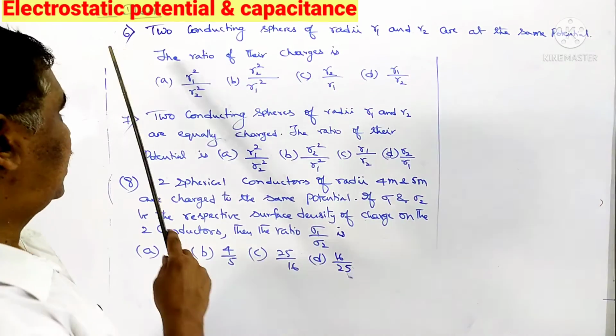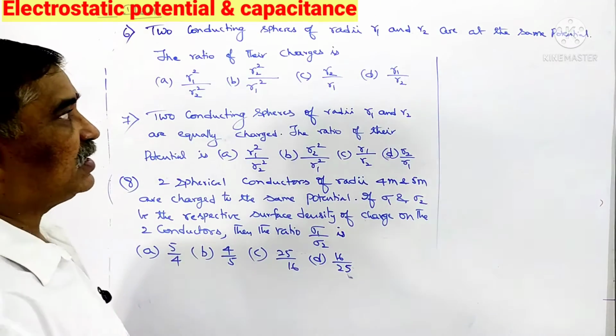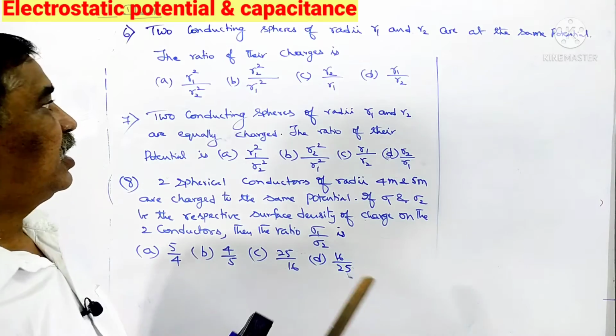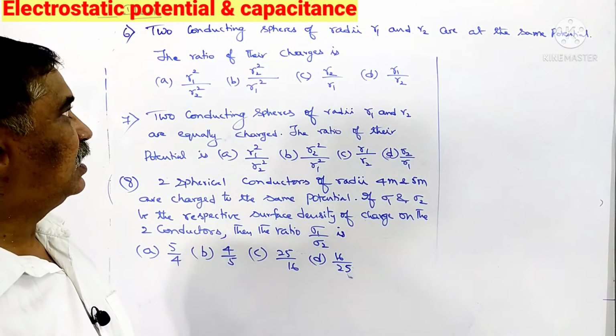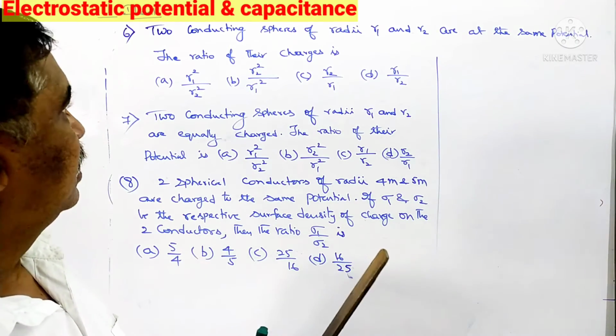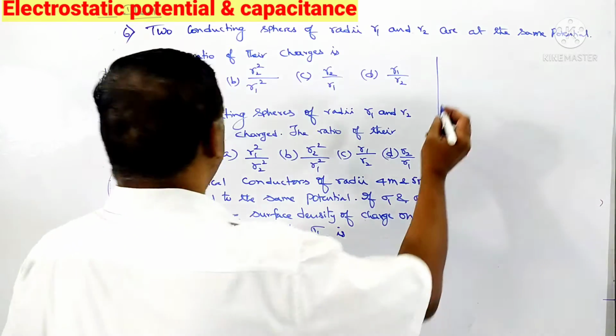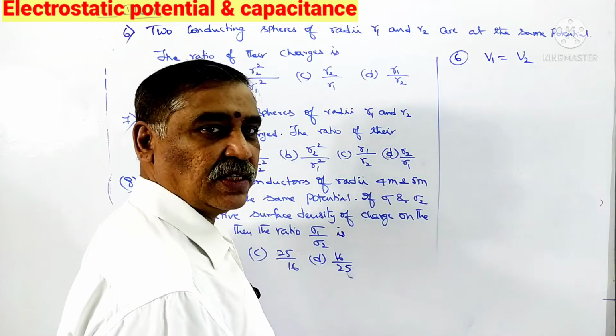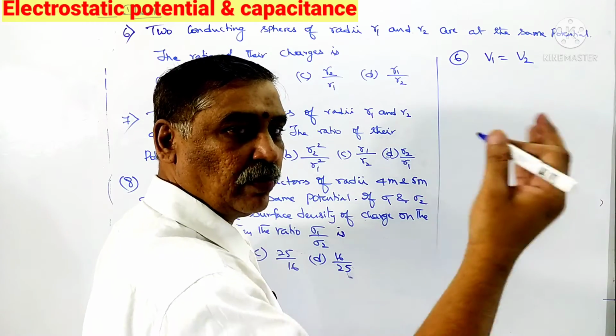Coming back to the 6th question. Two conducting spheres of radii R1 and R2 are at the same potential. Ratio of their charges is asked, a simple question. Same potential is given. V1 is equal to V2. V1 formula is 1 by 4 pi epsilon naught Q1 by R1.